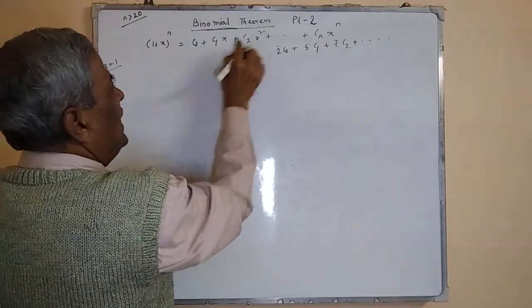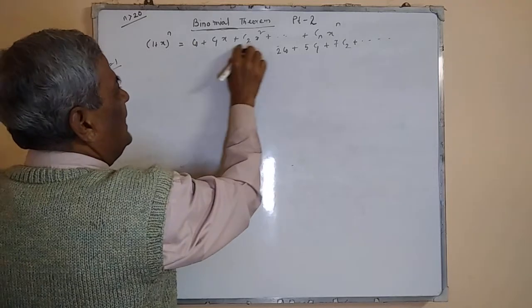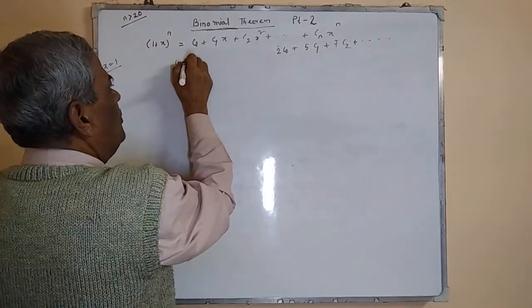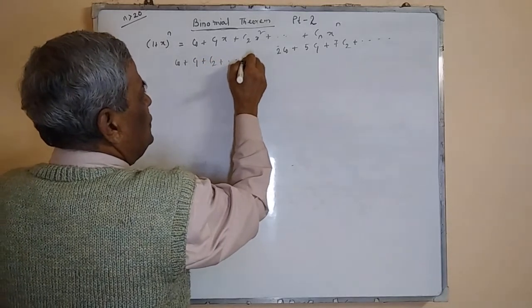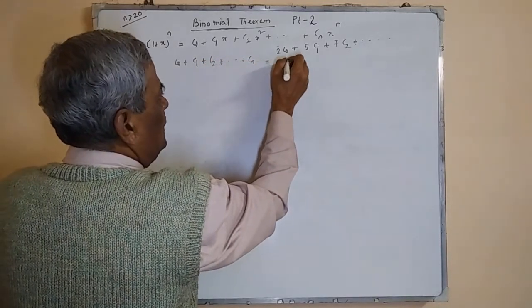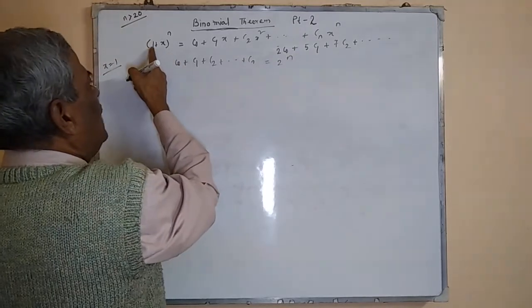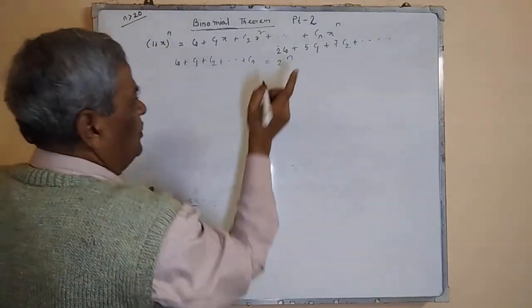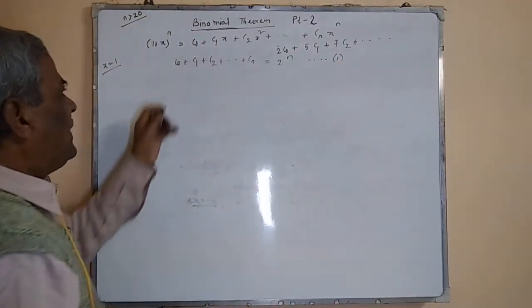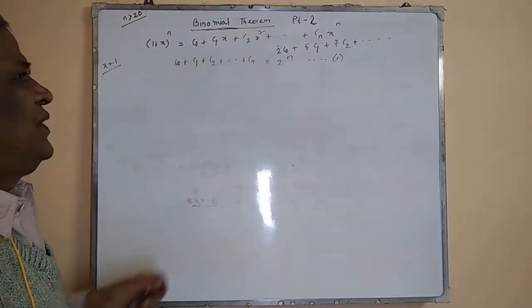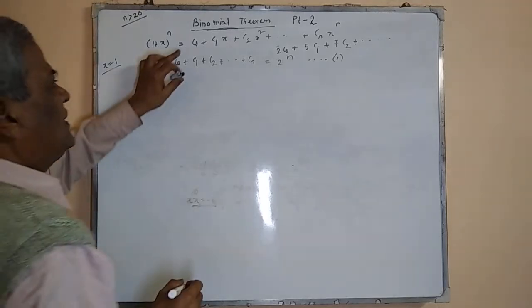this series becomes, I'm writing right hand side first, C0 plus C1 plus C2 up to Cn is equal to 2 to the power n. Why 2 to the power n? 1 plus 1 to the power n, 2 to the power n. Let it be 1. Now differentiate both sides with respect to x.